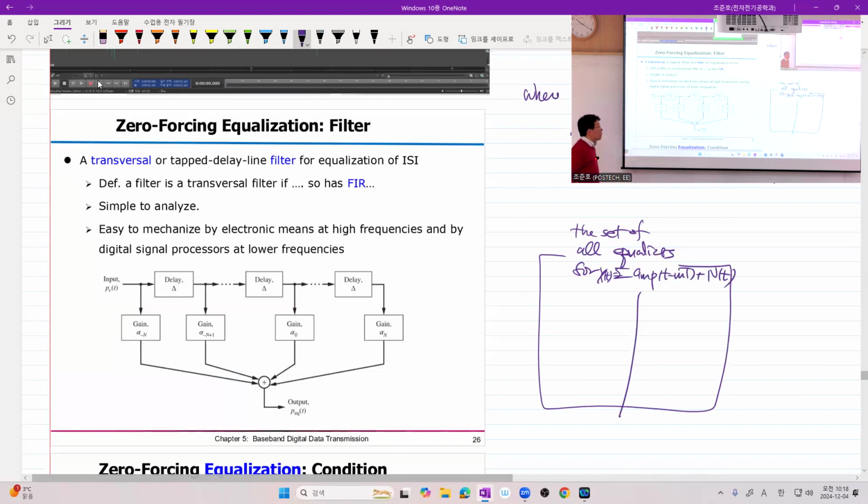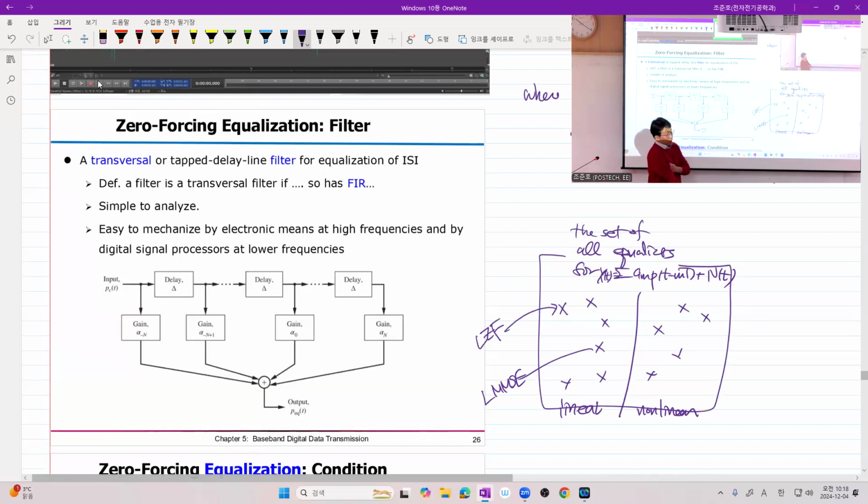And you can divide it into linear and nonlinear equalizers. And here is the linear zero forcing equalizer. Here is the linear MMSE equalizer. And there could be many different linear equalizers. Also, there could be many different nonlinear equalizers.